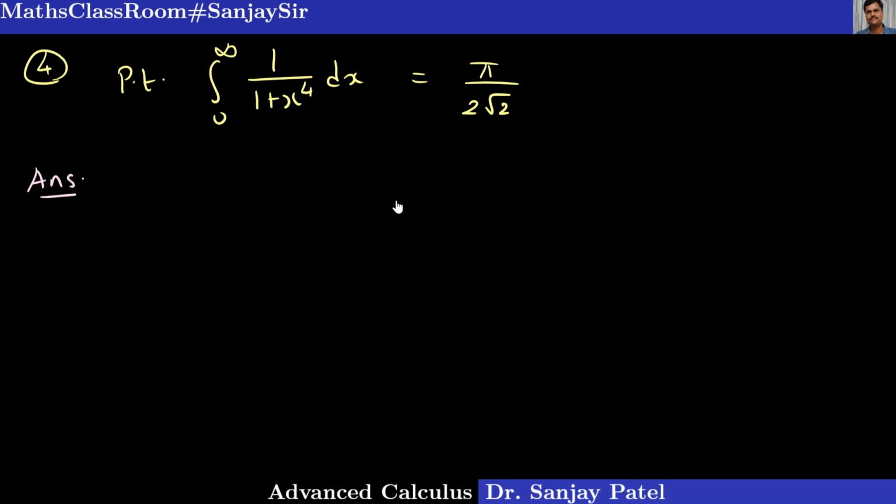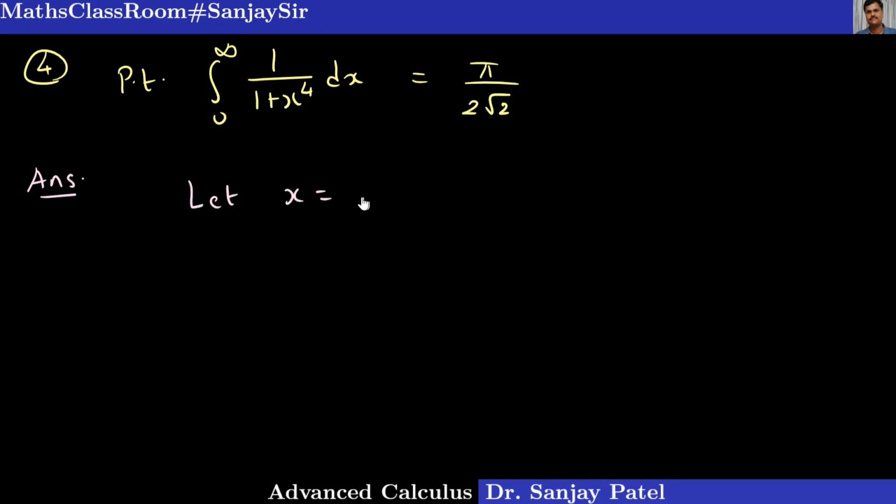To convert this into some beta or gamma function, we take some substitution. Here it is x raised to 4, so I cannot take sine or cos because it is 1 plus something. So let us take say x square is equal to tan theta, or x is equal to root tan theta.